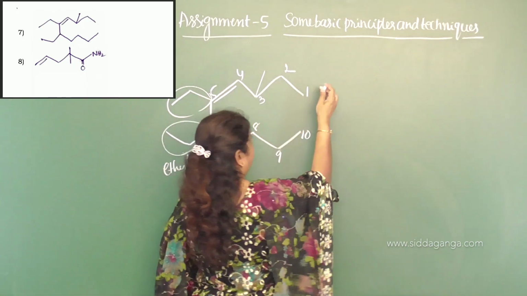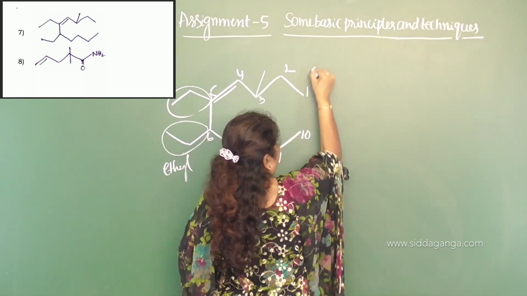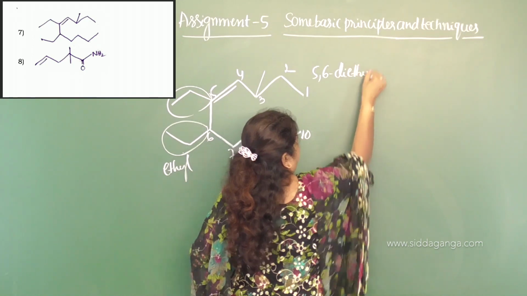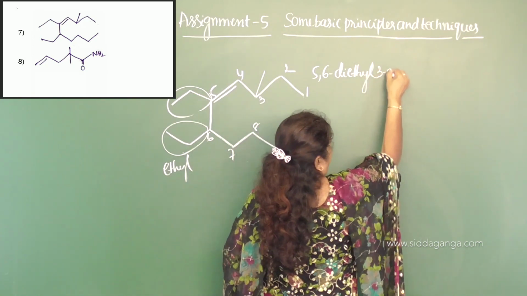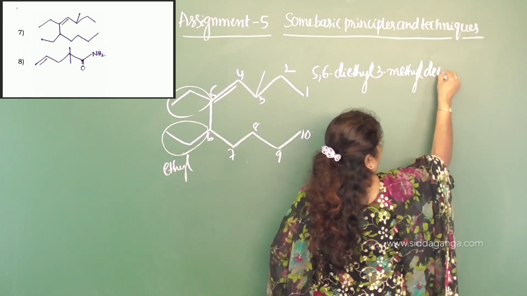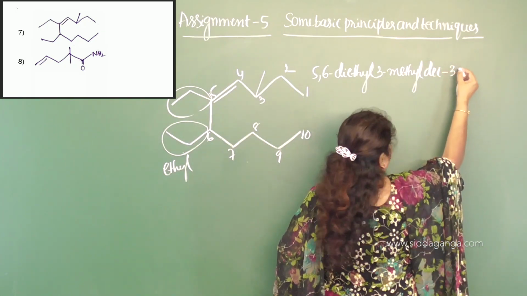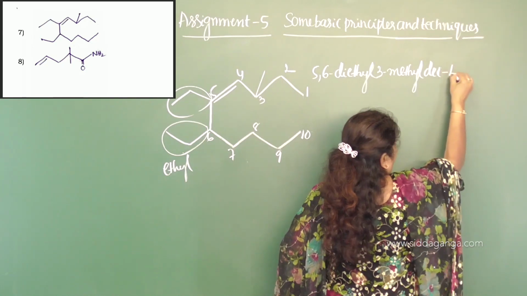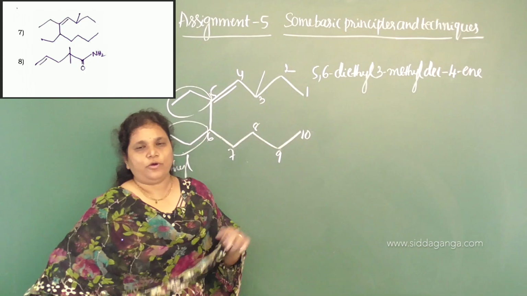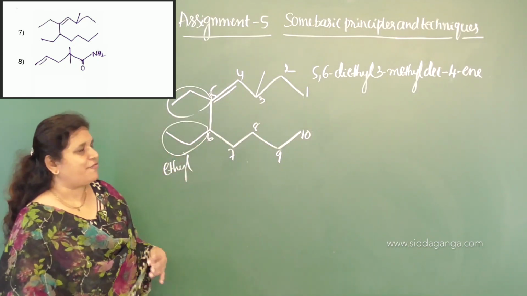So let me write the name here: 5,6-diethyl-3-methyldec-4-ene. Or you can write it as 4-decene.